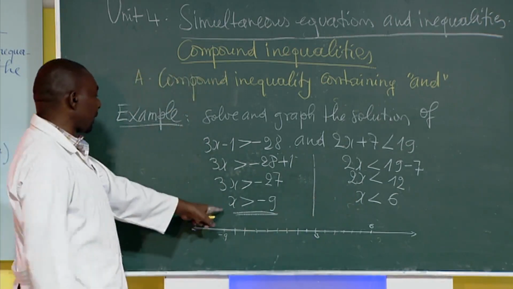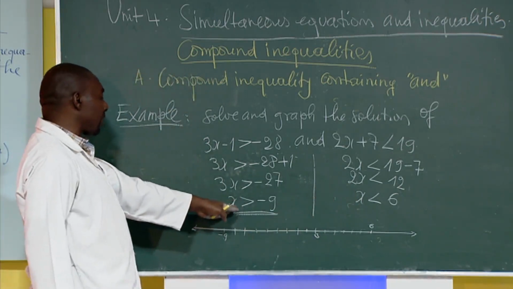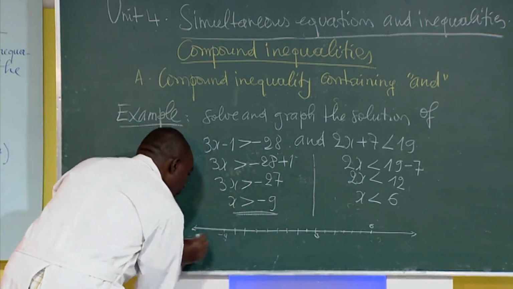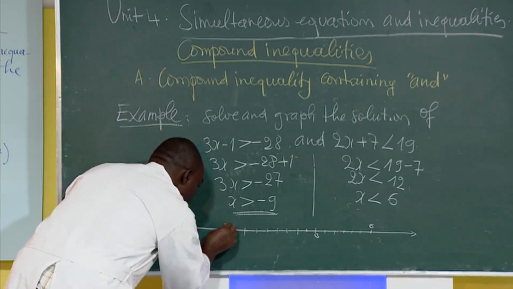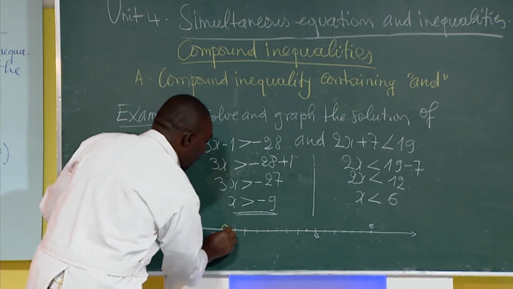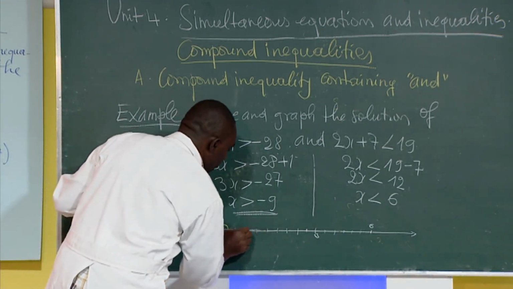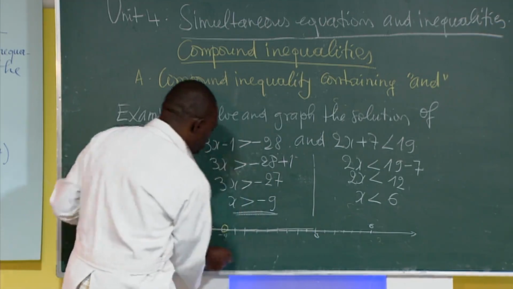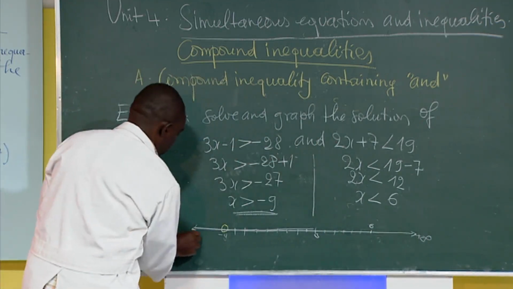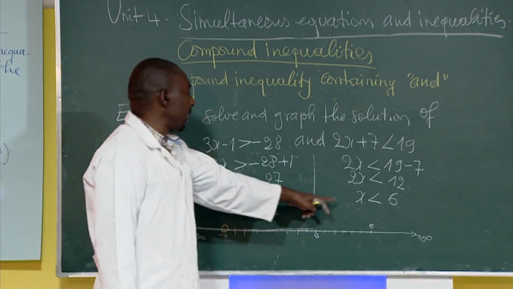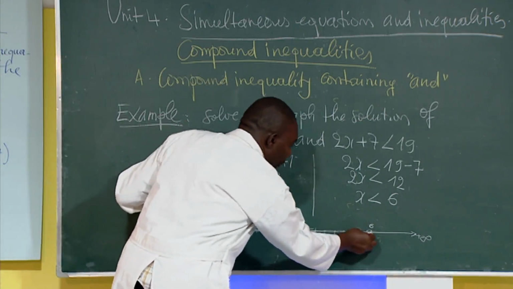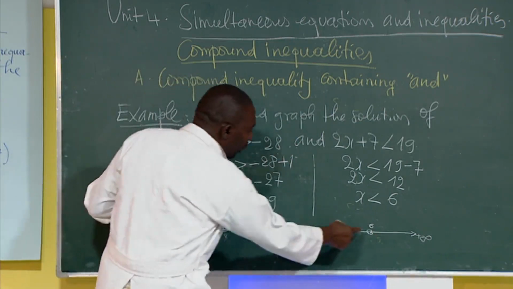So the first case, x stands for all numbers greater than minus 9. Means I put a circle at minus 9, and you have this part from minus 9 to positive infinity. And x is less than 6, 6 there. It means from minus infinity up to 6.